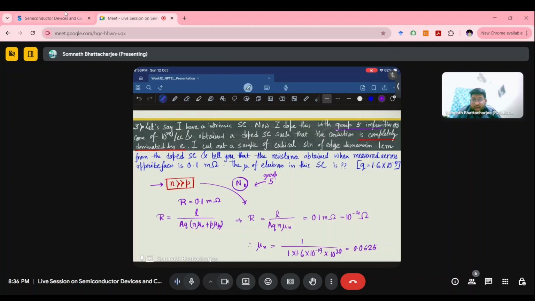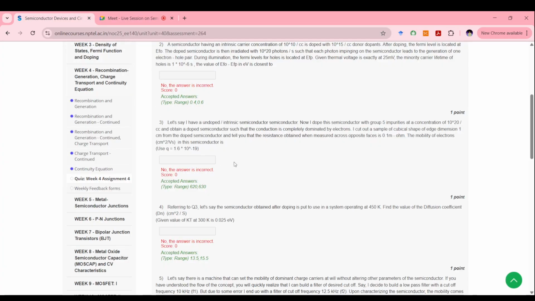Let me check what is the answer. Okay, now there's a problem, I guess. I have miscalculated somewhere. The value shows to be 620 to 630. Okay, so let me recheck it again. So this is in centimeter, this is in centimeter. Q is in, okay, mobility is centimeter per centimeter.